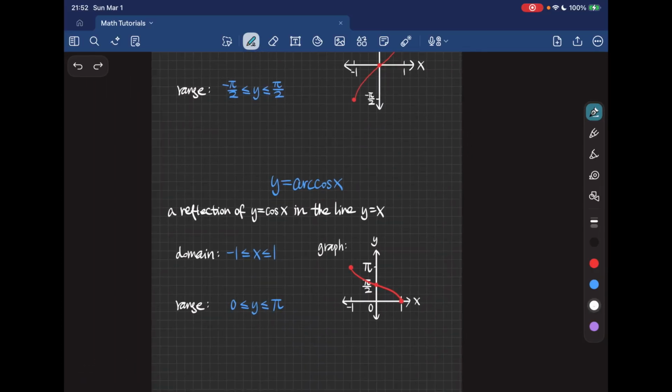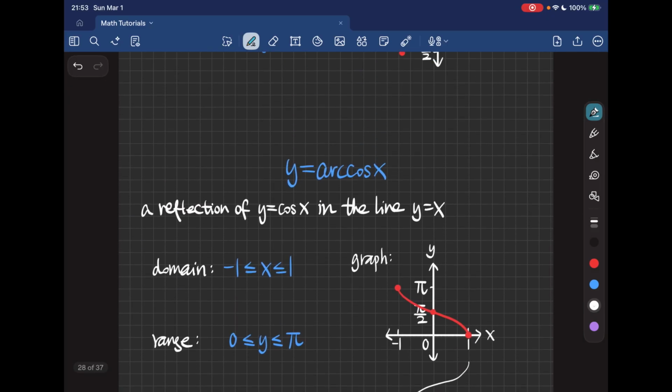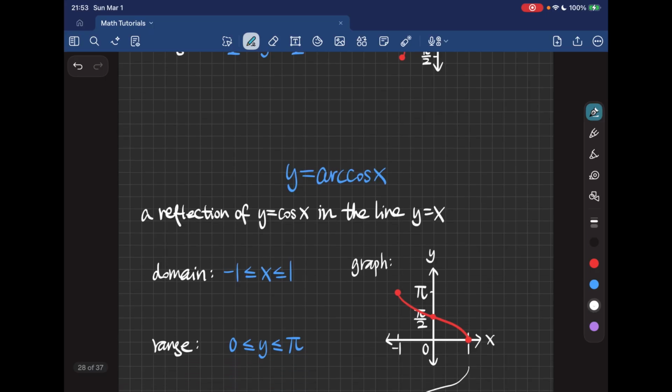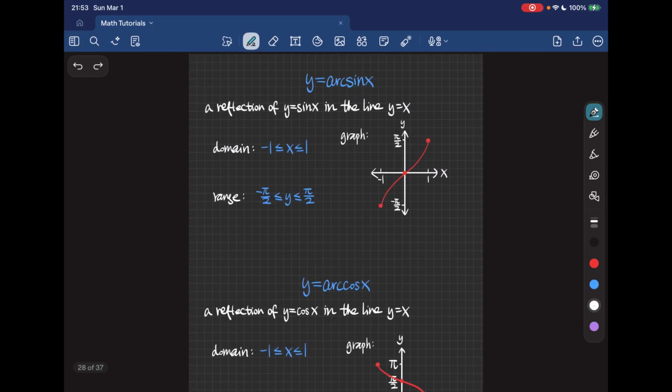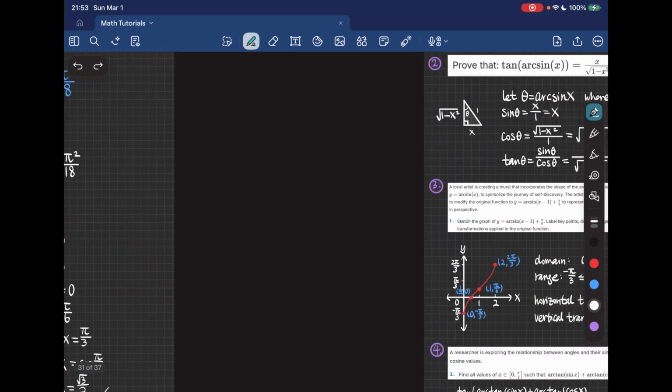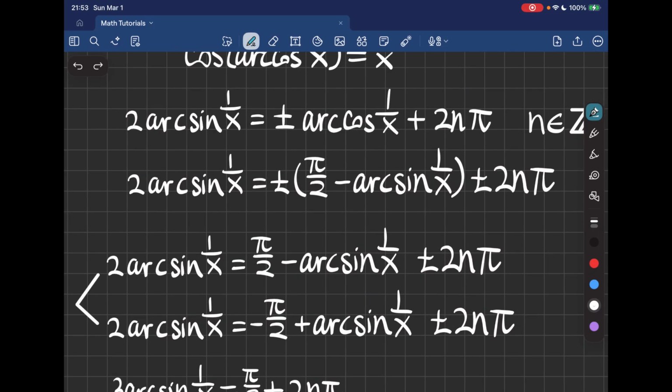For this, you just need to reflect it against the x-axis and then shift it upwards to obtain arc sine x. To be specific, you reflect it against the x-axis and shift it by pi over 2, and then you will get arc sine, right?